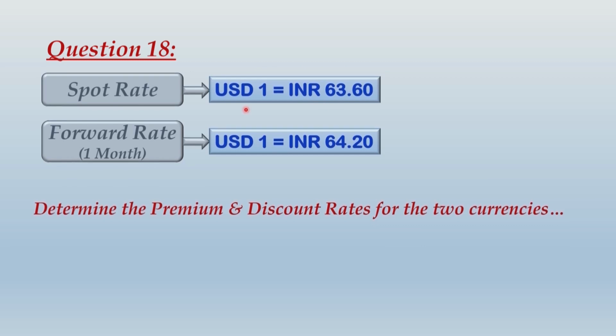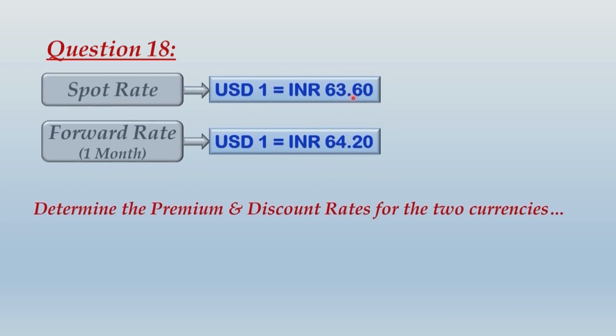Now, for computing premium and discount rates, the numerator will be simply the difference between the spot and forward rate, correct? Now, you have to use your brain in picking what should be the denominator. The denominator should be the spot rate when you compute the premium rate for USD, because the quote is given for USD. When you compute premium for USD, you will be taking the denominator as spot rate, while you calculate the discount rate for INR, because the quote is not for INR, the quote is for USD.